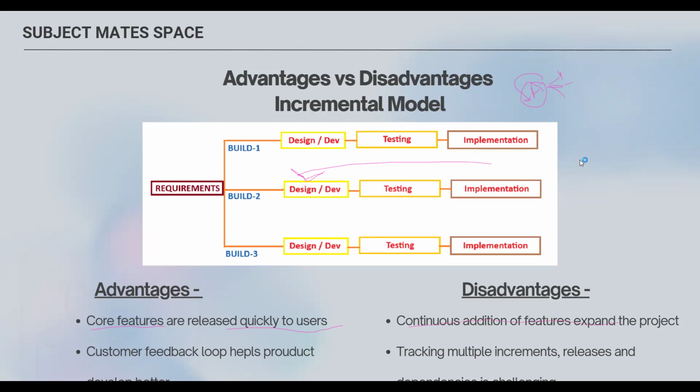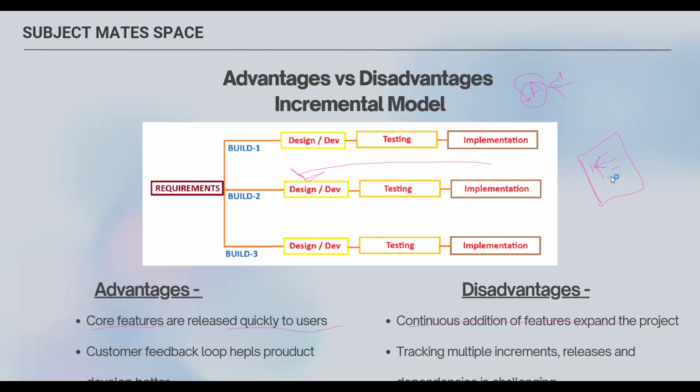Suppose A has just these 3 sub features in the first feature, and if we want another sub feature, you see that the project will get expanded. The project keeps on getting expanded.